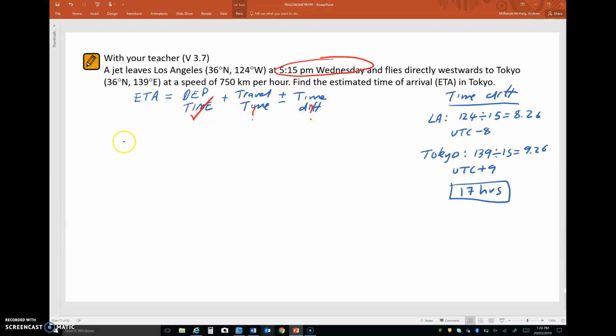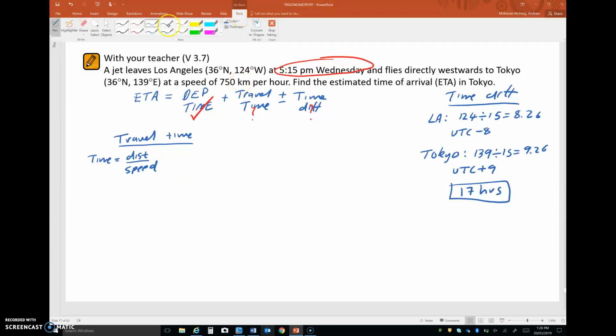Okay, let's do travel time over here. Now we know that time is equal to distance over speed. So we know the speed is 750 kilometers per hour.